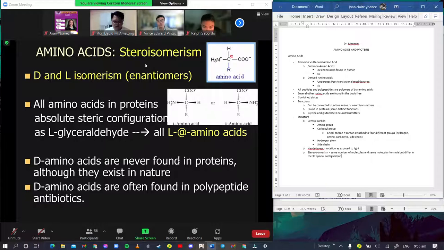Now, what is our reference molecule when we say L? This is your L-glyceraldehyde. You look at the amino group, it is always on the left side. You understand that? The amino group.